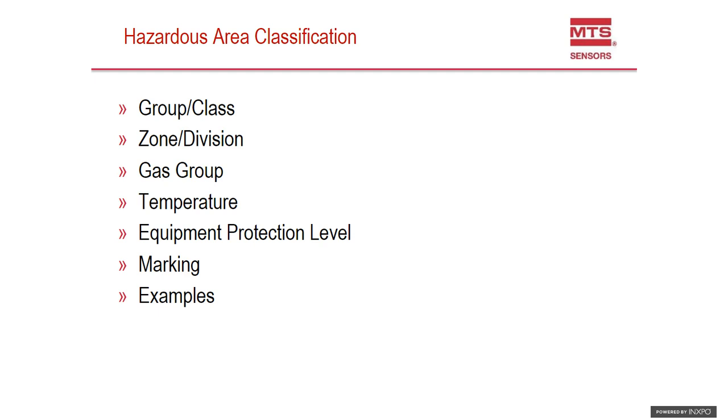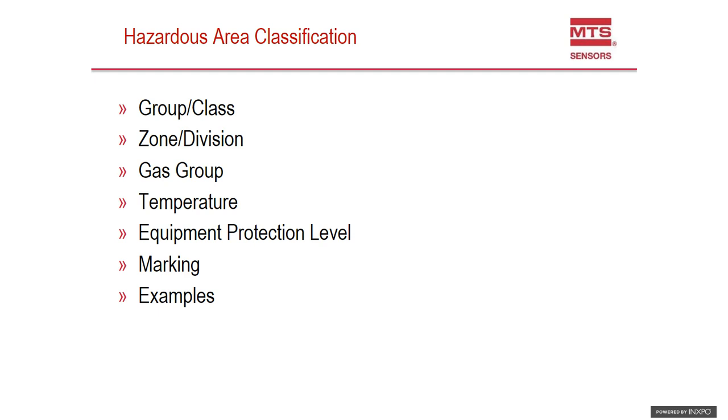So on a standard hazardous area marking, you have the top 5 points that are generally on the marking. So the first two, your group class and your zone division, which are roughly the same thing, it just depends on which approval you're looking at. These items are trying to describe the physical location of where either that device is going to be installed or the rating of that tank or that area of the plant.